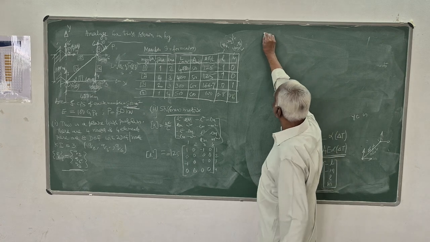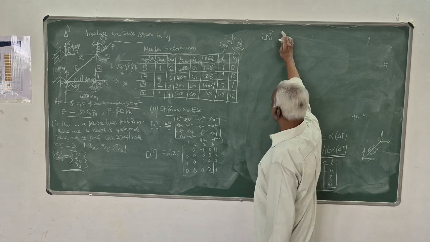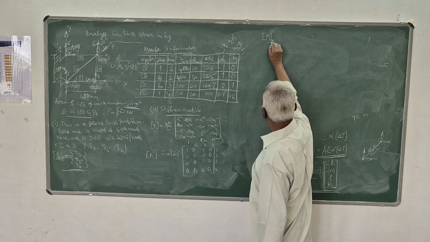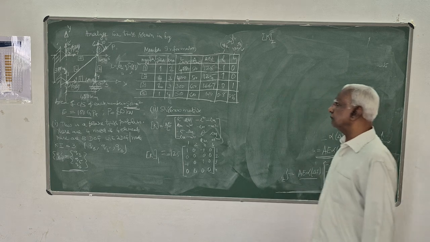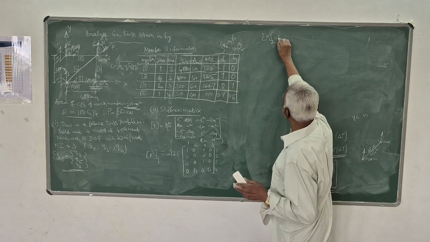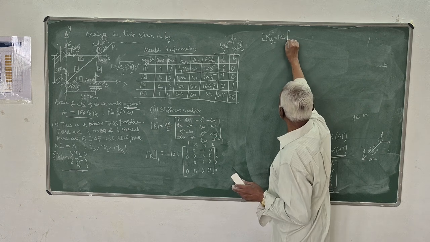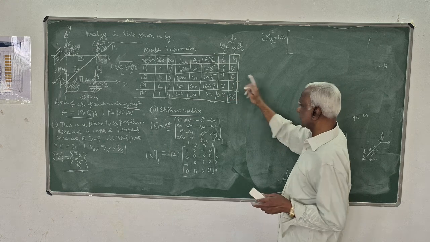Then you find K2 for member 2. For member 2, AE by L is 125. That is the same thing. Same matrix, because it is 1, 0 only.